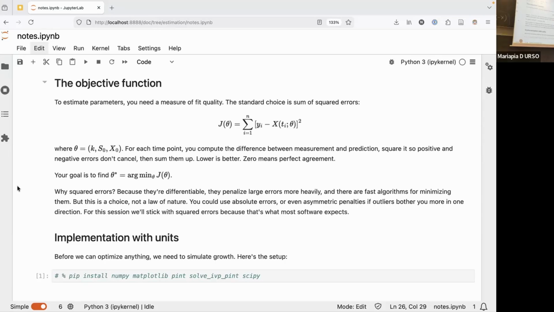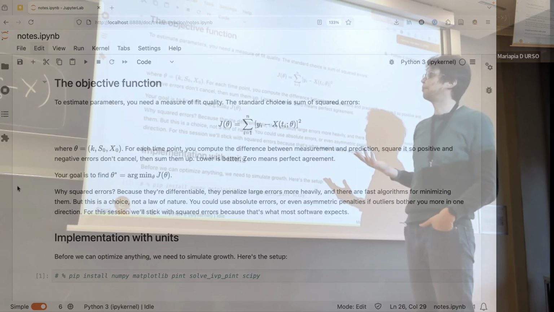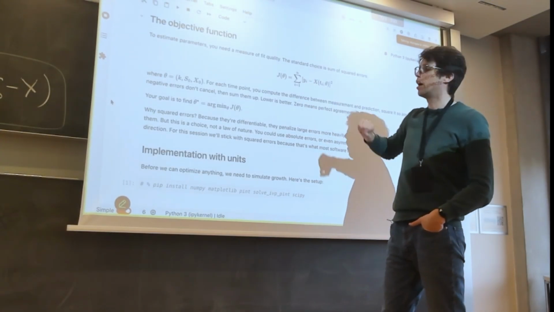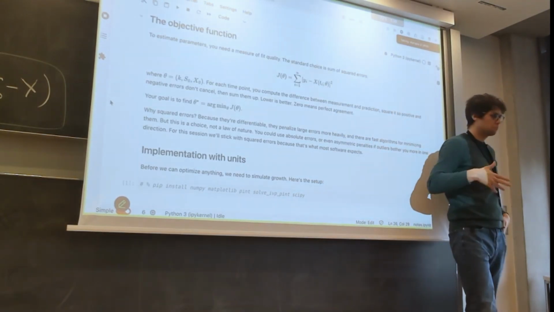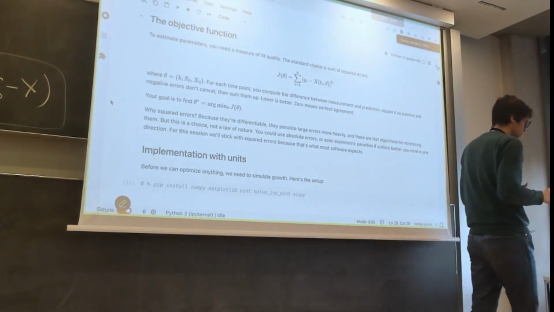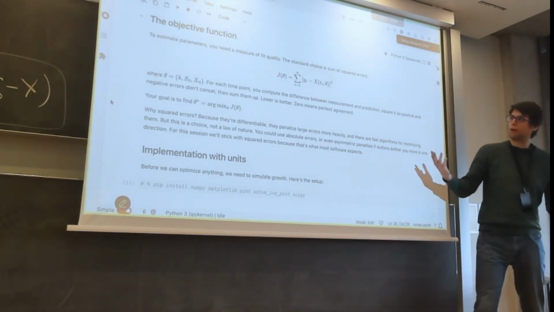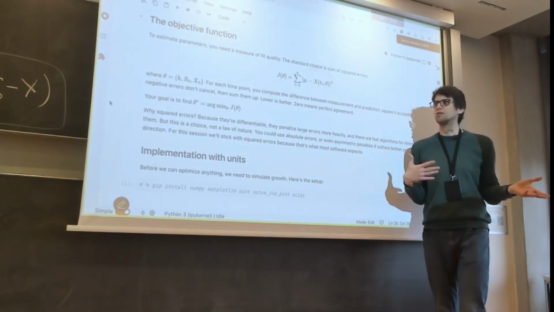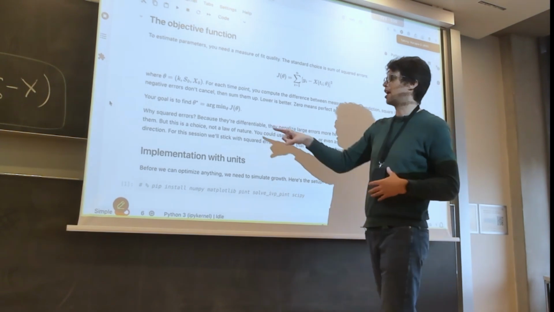In our case, it's synthetic at first, synthetic plus Gaussian noise. And x(t_i, theta) is the solution of the ODE at time t_i with the parameters theta. And here, of course, the time points of the time series are at times t_i and with values y_i. But the 2-norm is the gold standard optimization loss function for these things. And then we want to find, if we can, a theta star, which is the arg min, or as close to the minimum as we can get, of this loss function.